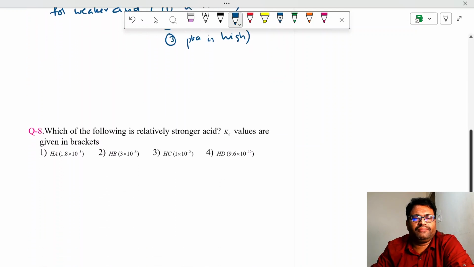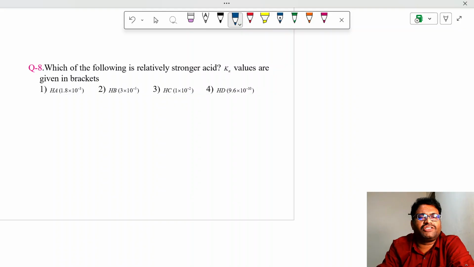Next question. Which of the following is relatively the stronger acid? Ka values are given. When Ka values are given, we know that more the Ka value, stronger the acid.